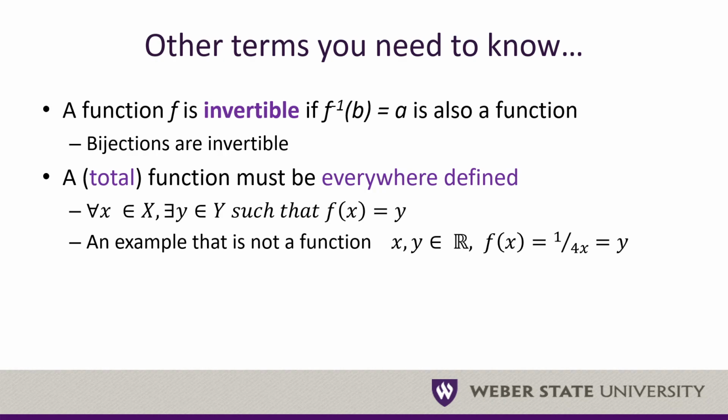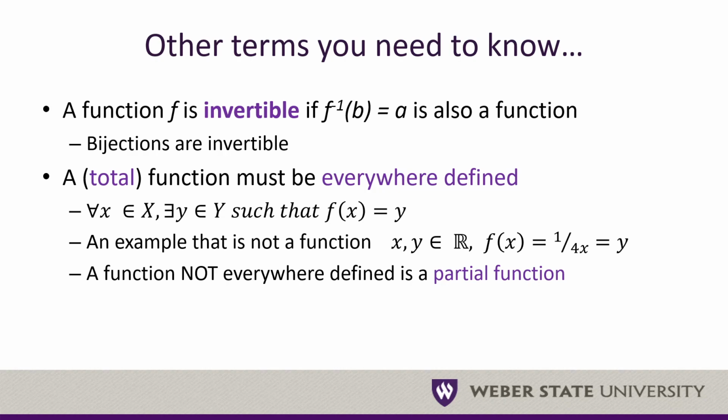At that point, I would be taking the values of real numbers, and not all of them would map to the particular values that we have. I left that out here: y is an element of the real numbers. It would only be defined for certain values because, in this case, it's not defined for 0. If it's not everywhere defined, we call it a partial function.